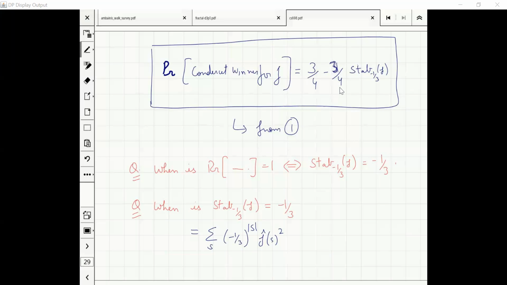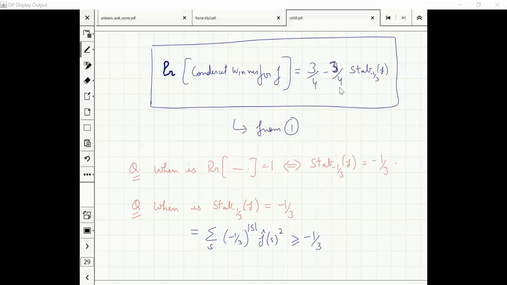What is the minimum possible value of stability of -1/3 of f? -1/3. Yes, this is greater than or equal to -1/3. Why? Because the lower bound happens when all the |S| is odd, and the f hat of S squared is concentrated only on the odd sized S. Correct.